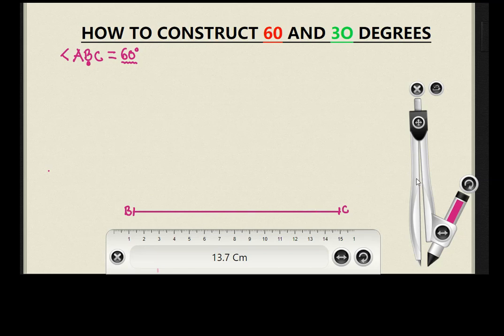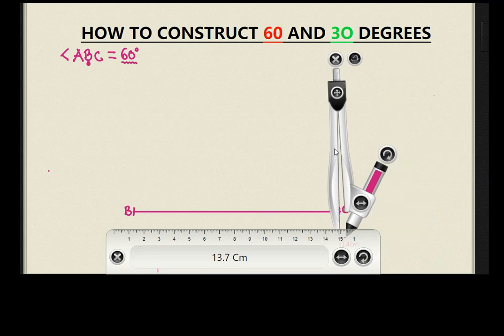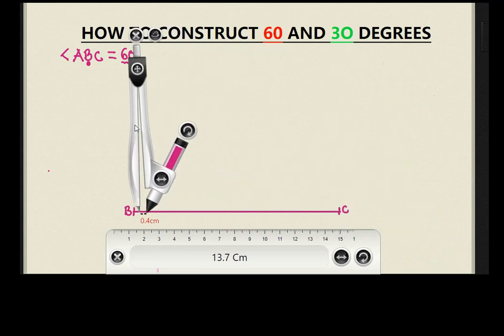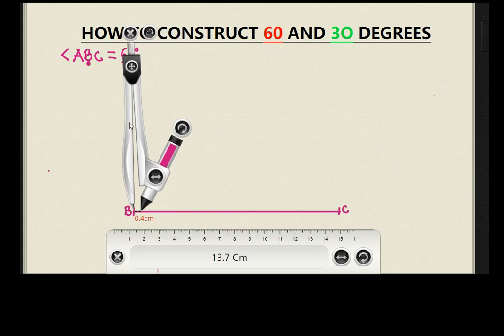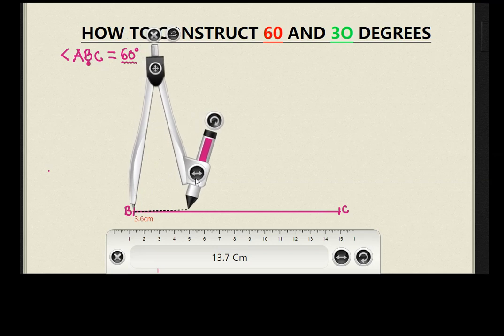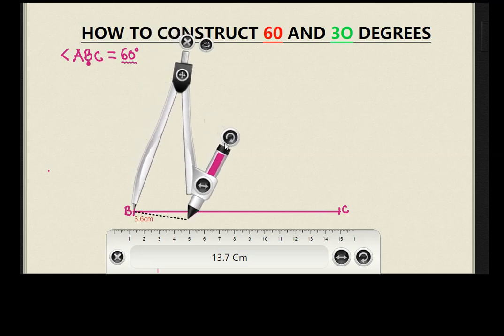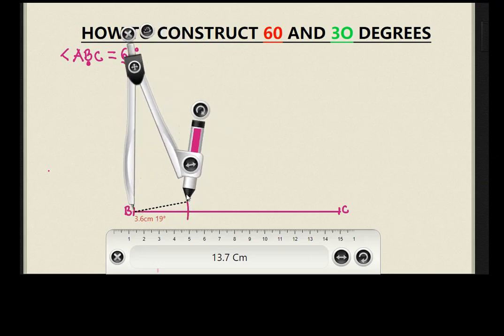So constructing 60 is very simple, very simple. What you only need to do is to bring your compass and place it at B on the line, and then adjust the radius to any size that you want, and then draw an arc on the line.